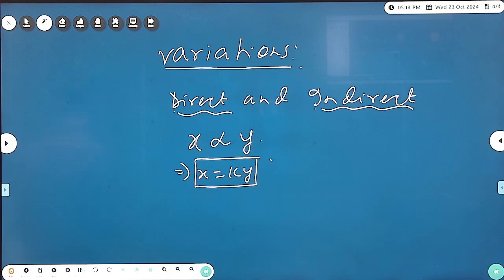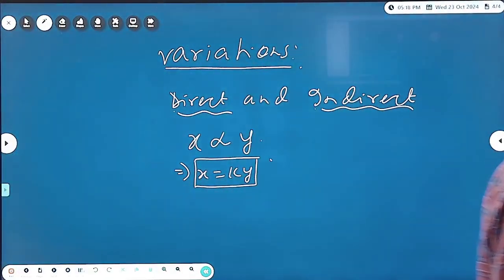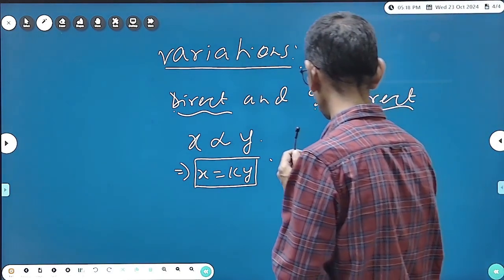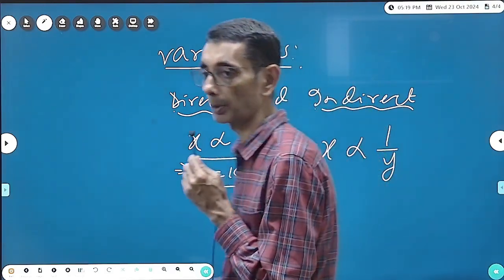Your age and your height. But yes, there are some limits: after a particular age height will not increase, but if you talk about from a small age to a certain age, age and height are directly proportional. As your age goes up, height keeps going up. And indirect proportion means x is inversely proportional to y, we write x proportional to 1 by y.